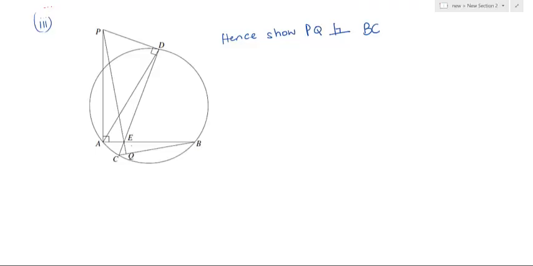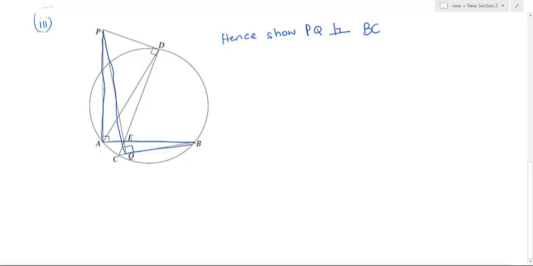Moving on to the third question: hence show that PQ is perpendicular to BC. When a line is perpendicular to another line, it makes a right angle, so I'm going to put a right angle there. Looking at the diagram, I'm going to highlight two angles, and you can see that the angles I've highlighted make a butterfly shape.